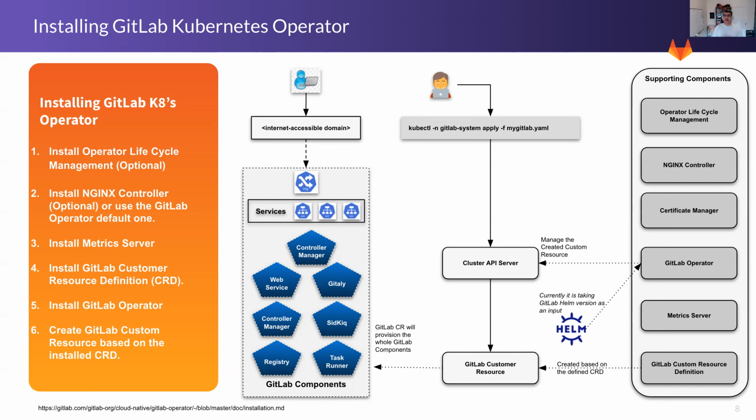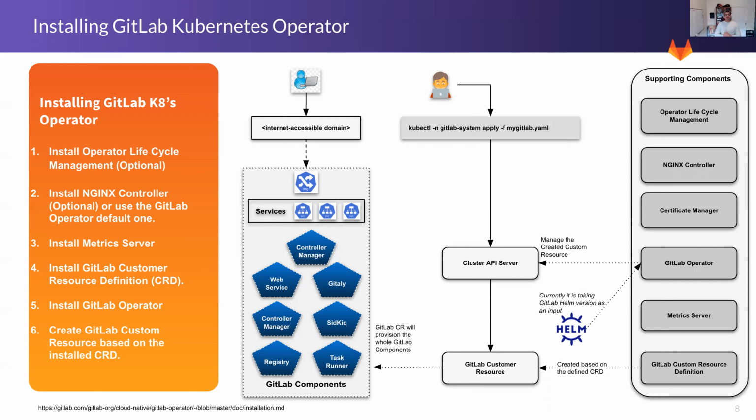Install the metrics server, which will be responsible for collecting the utilizations from the underlying GitLab Kubernetes cluster, and feed that into the operator in order to make operation decisions for the GitLab custom resource in terms of scalability, horizontal or vertical.